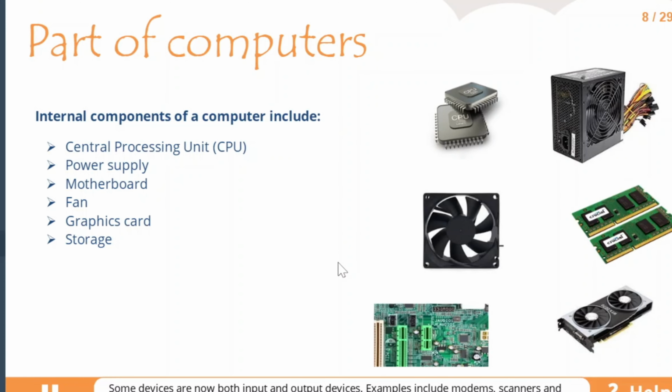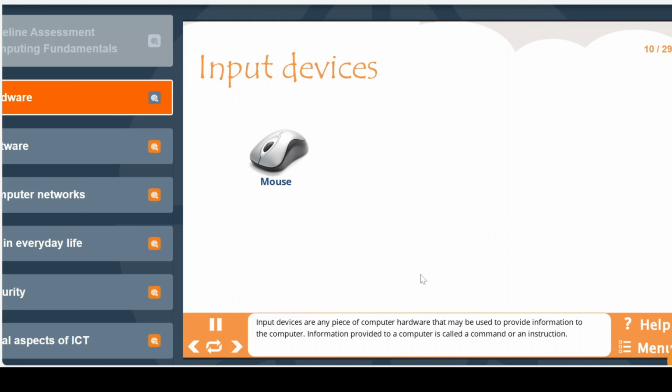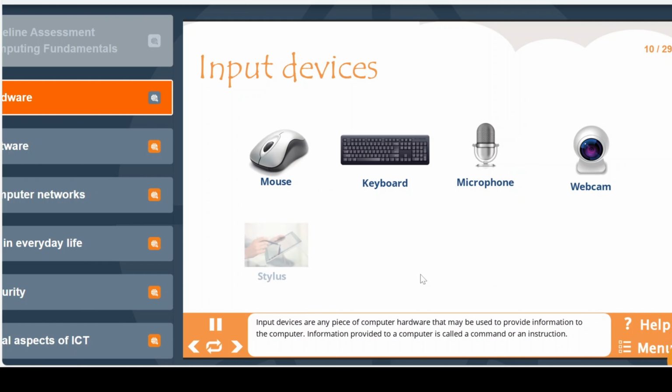Various internal components or processing units of a computer include the Central Processing Unit, or CPU, power supply, motherboard, fan, graphics card, and storage. Input devices are any piece of computer hardware that may be used to provide information to the computer.